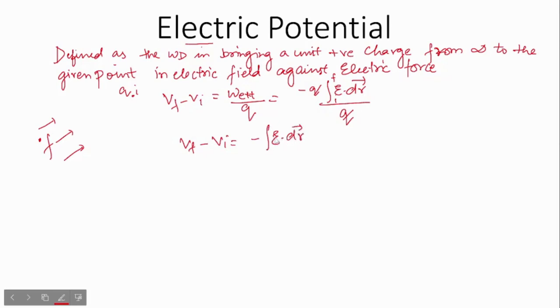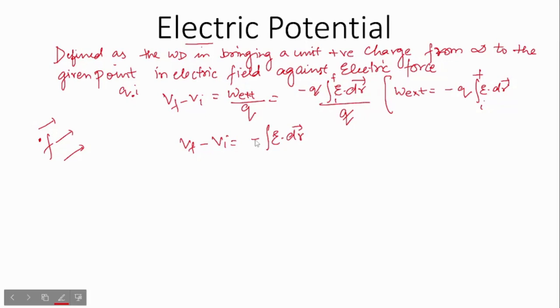I'll tell you how this formula, that is W external is equal to minus Q E dot dr, came, just after this.